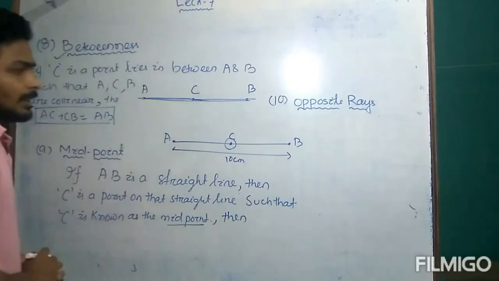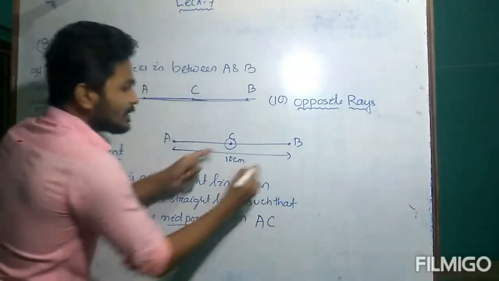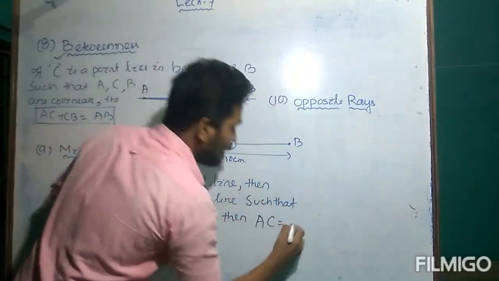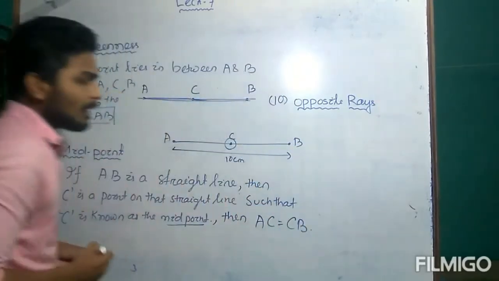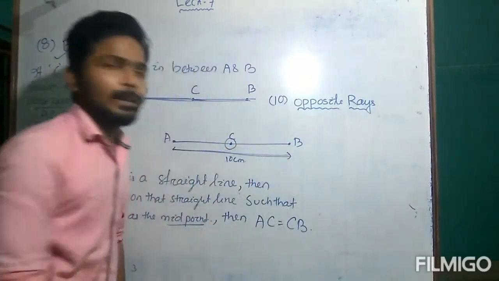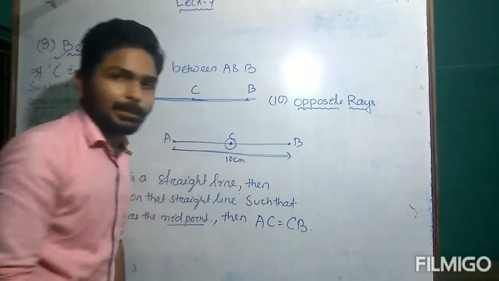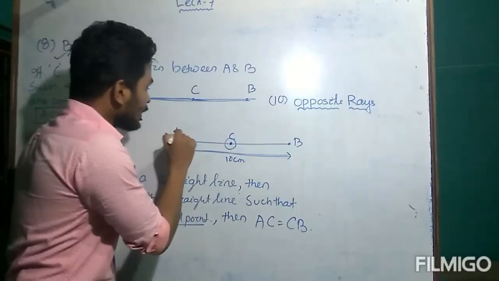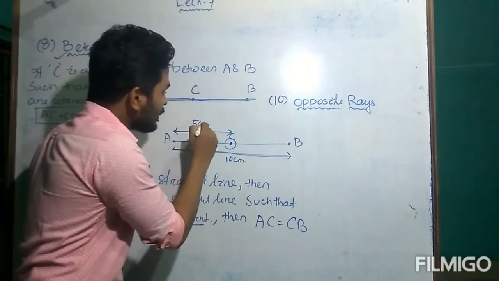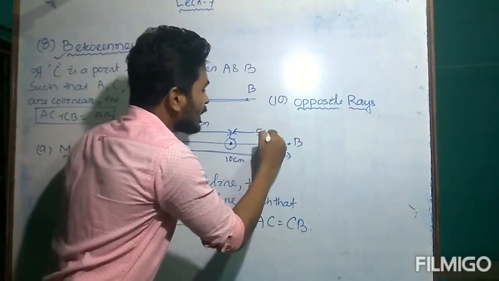Then AC is equal to CB. What is it? See, as I have told you, if this length is 10 centimeter, then C must lie on which centimeter? 5 centimeter. It means the distance from A to C is 5 centimeter and the distance from C to B is also 5 centimeter.